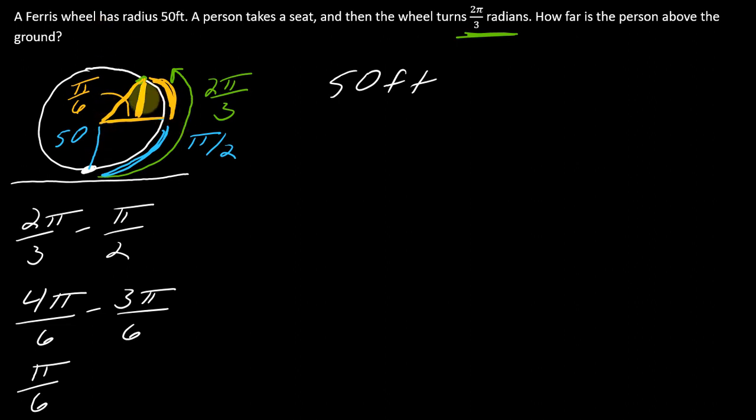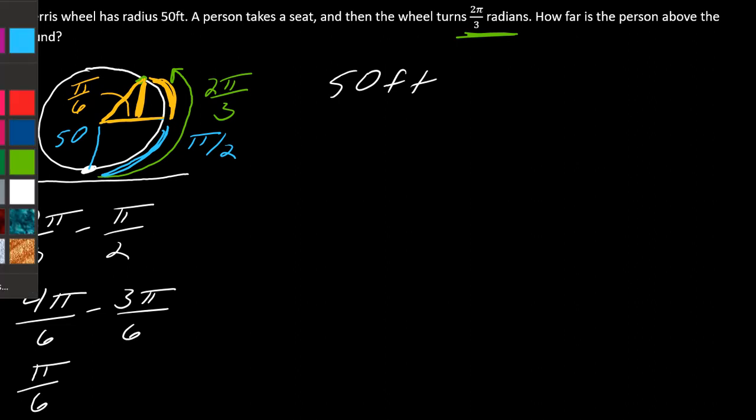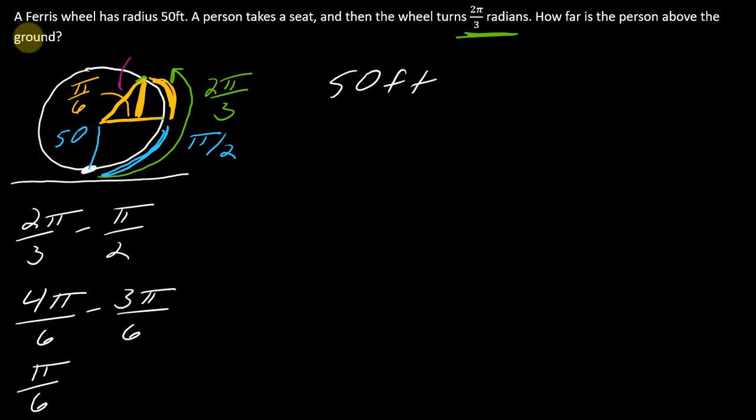Okay, so anyways, I need to figure out this length here. First of all, what would the length of the hypotenuse be? This is a Ferris wheel with a radius of 50 feet, so this is 50 feet here. I need to get this side, which would be the opposite side from this pi over 6.